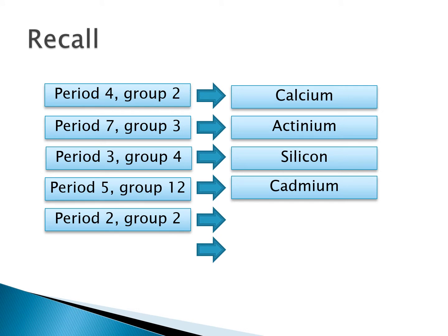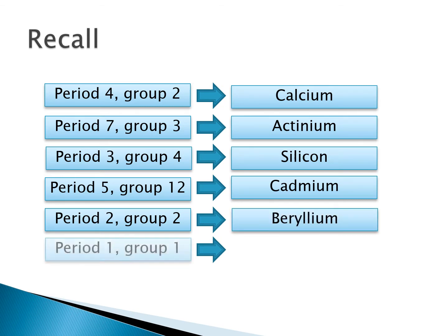The answer is none other than beryllium. And last, we have period number 1, group number 1. The answer is hydrogen. I hope you also got the correct answers with our review activity for today.